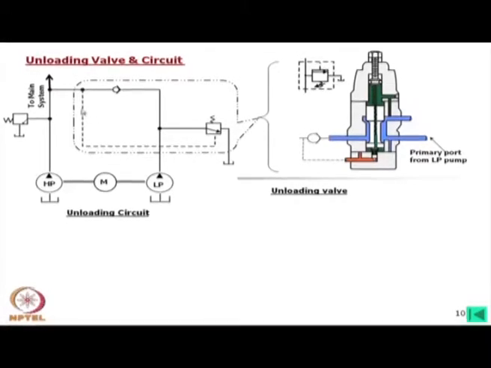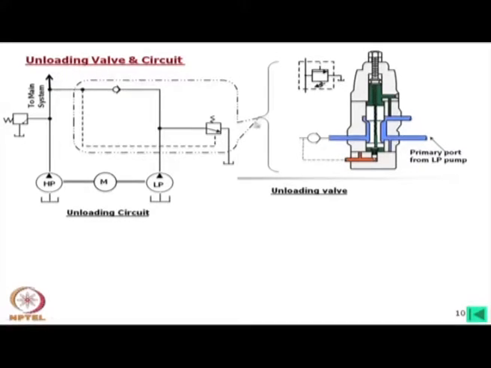Sorry, I have made a mistake. This is 10 megapascal, it is working at a high pressure. Now this same pressure is coming over here, and under that condition this is being opened. Do you understand?